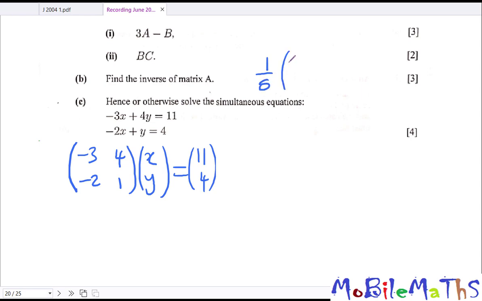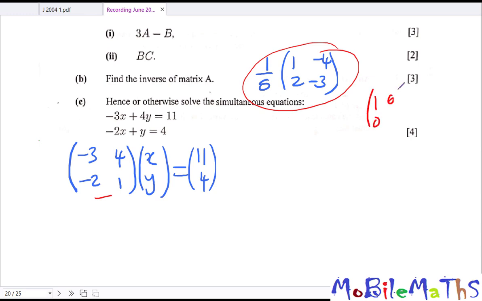Then we had 1 minus 3 and 2 and minus 4 there, like that. Now, if I multiply this inverse by this value, I'll get 1001. So there is no need for us to multiply.